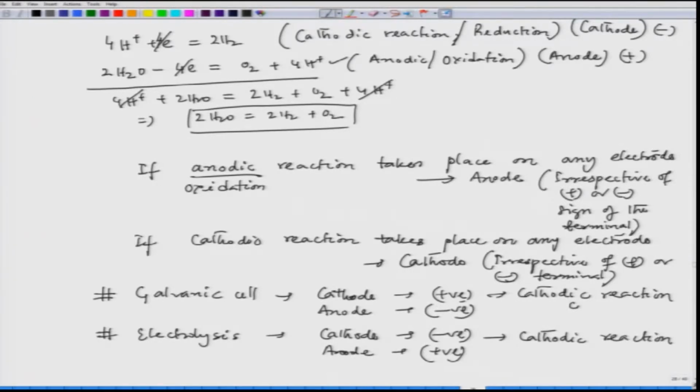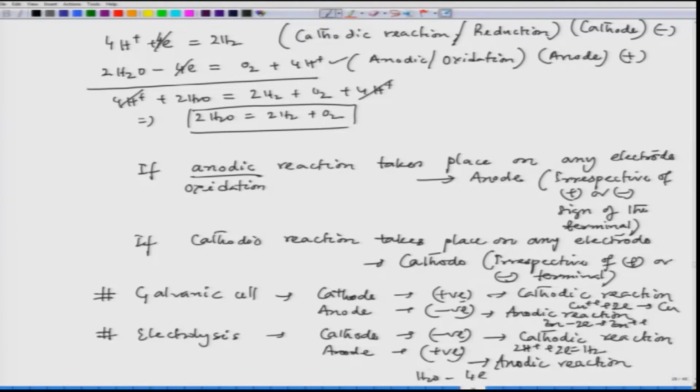So, here the cathodic reaction is Cu2+ plus 2e equal to Cu, and here the anodic reaction is Zn minus 2e equal to Zn2+, and here the cathodic reaction is H plus e to H2, and the anodic reaction is 2H2O minus 4e equal to O2 plus 4H plus.